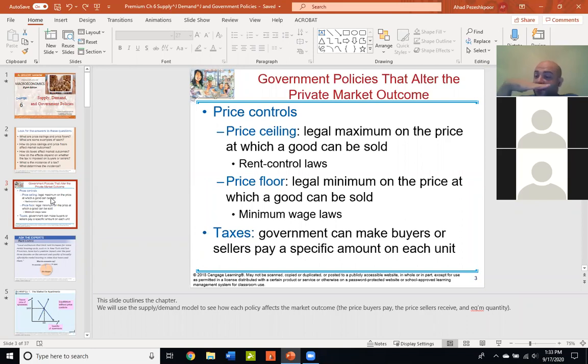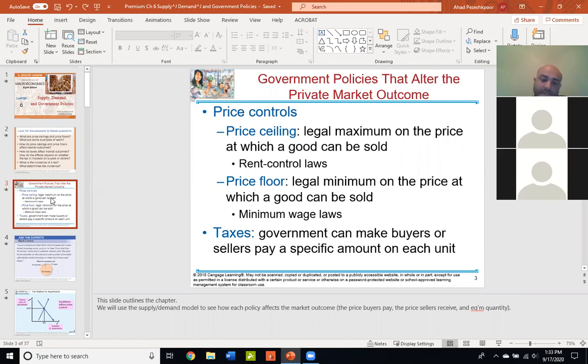So when the government introduces a price floor, it means the corporation buying my time and my skills has to at least pay me this much. The price can be higher, but cannot be lower. It must be at least this much.